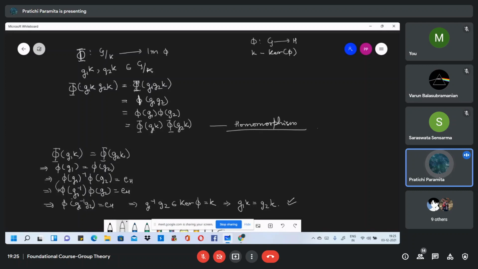So this proves that this is going to be bijective. So phi is a bijective homomorphism. But a bijective homomorphism is just an isomorphism. So we proved the first isomorphism theorem: if phi from G to H is a homomorphism, then kernel of phi is a normal subgroup of G, and G mod kernel of phi is isomorphic to image of phi.